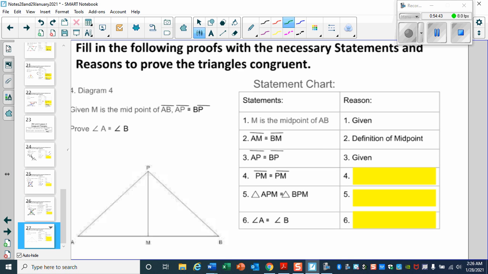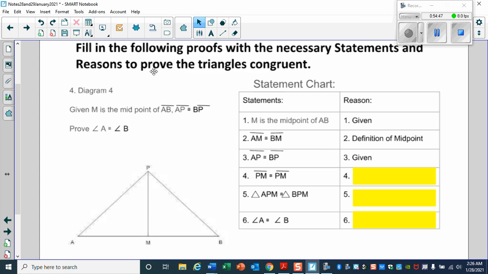And then your last homework problem. M is the midpoint of AB. So AB goes all the way across. And we're also saying AP, BP are congruent. Now what I'm going to do, since M is the midpoint, this is going to lead directly to the definition of the midpoint.